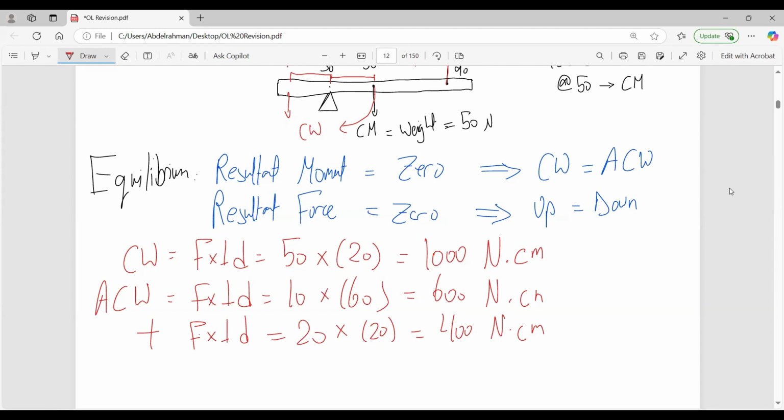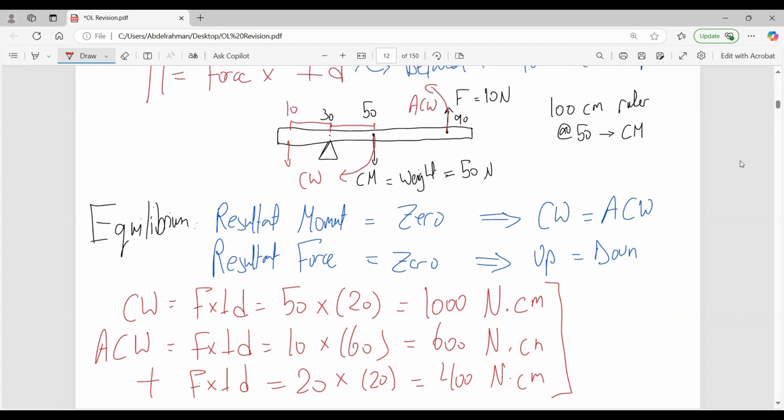We satisfied the first condition, which is that the clockwise moment is equal to the anti-clockwise moment, that the resultant moment is equal to zero. This is the first condition. Now, what about the second condition? Is it satisfied or not? Now we have 20 newtons and 50 newtons, but we have 10 newtons upwards.